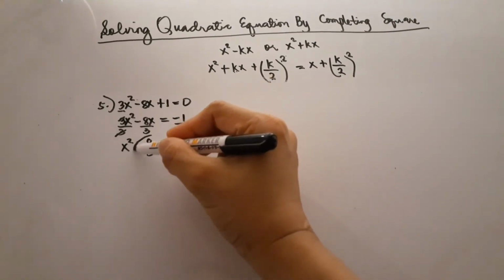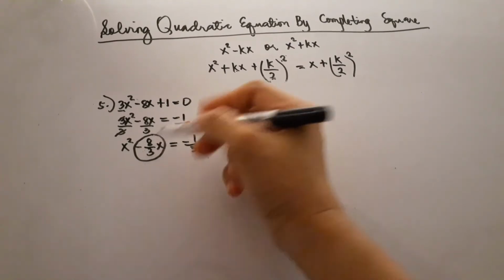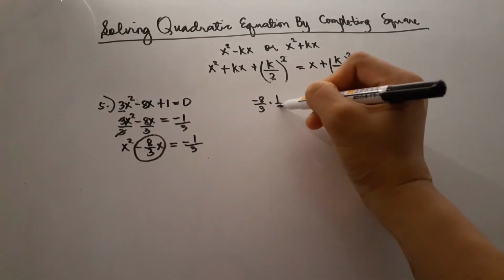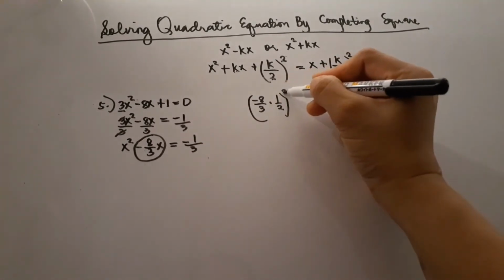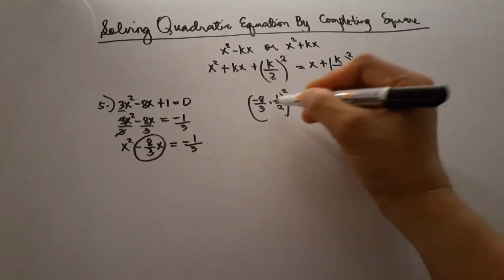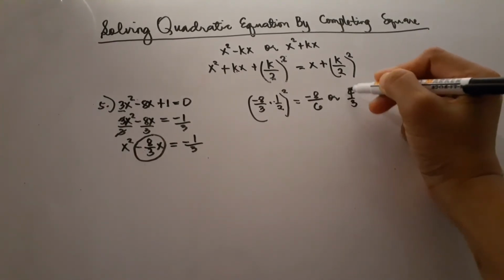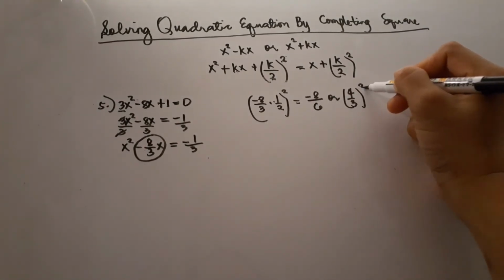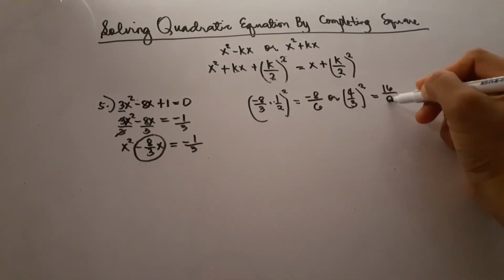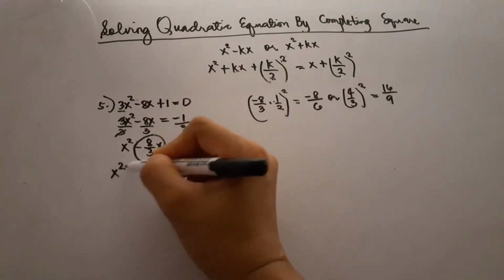And then we can add the square of half of the coefficient of x, which is -8 over 3. So we have (-8/3 times 1/2) squared here. So we have -8 over 6, or -4 over 3, squared. Then (-4)² is equal to 16, and 3² is 9. Therefore, we can add (-4/3)² to both sides.